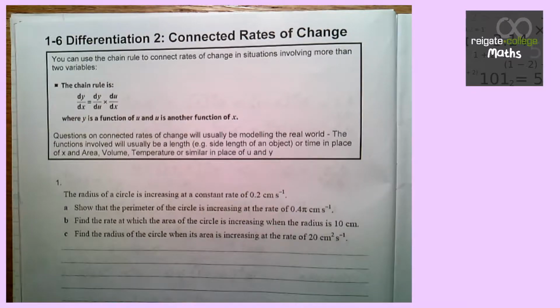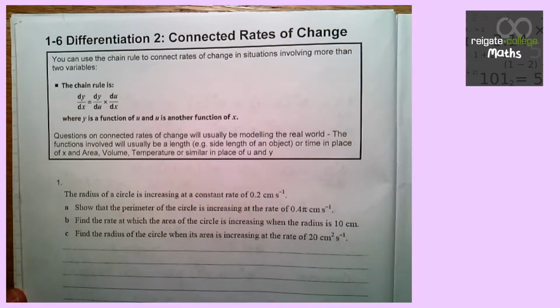For example, if we have the radius of a container changing, then its volume will also change over time, and the two are related together. Often it's going to be area, volume, temperature, those sort of things which change over time.